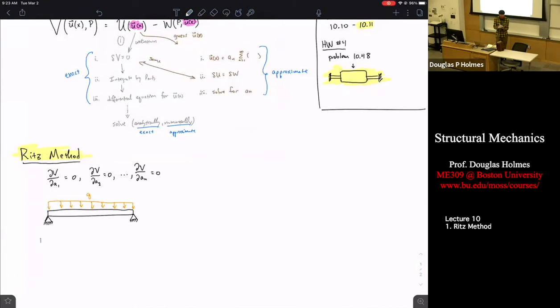The first time, I'd like you to use the following guess for the shape, which is the deflection as a function of x.